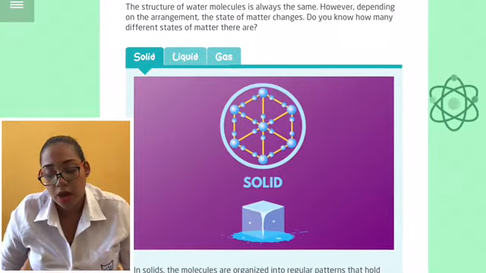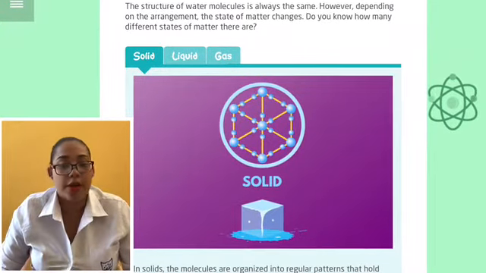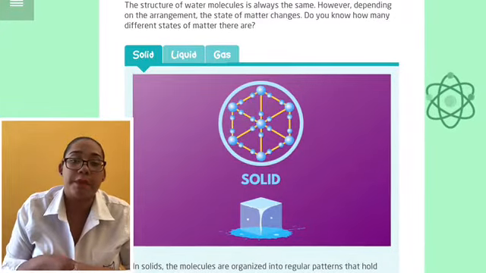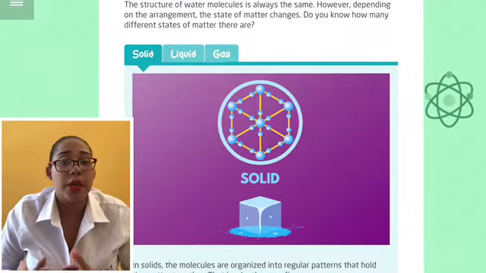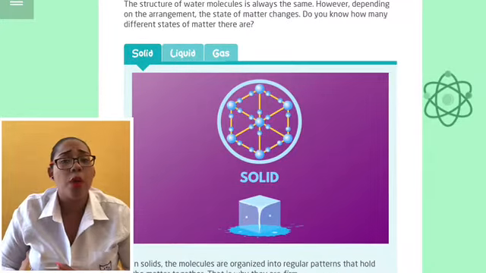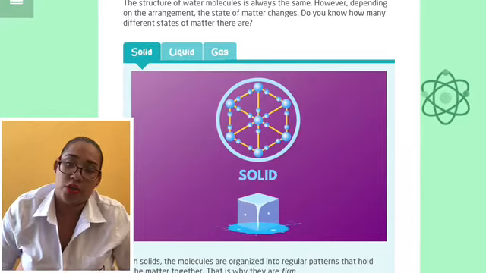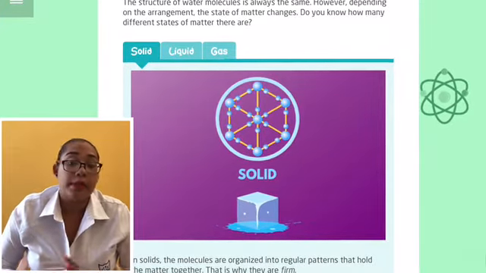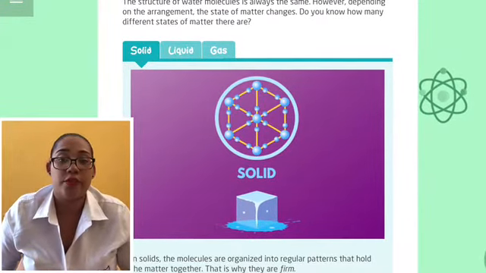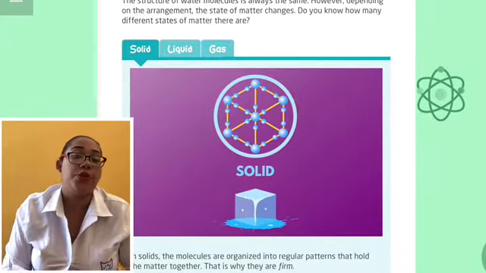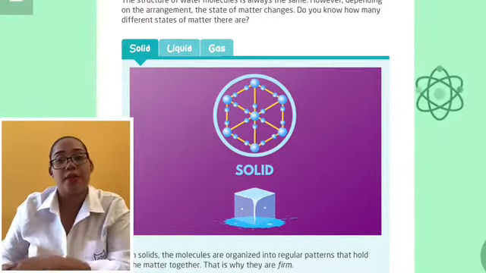Do you know how many different states of matter there are? Does someone know before we start seeing it? Did someone already know what the states of matter of water were? Great job. Maybe you know them. You have seen the transformation of this substance, but maybe you don't know the process or the correct name of the process.